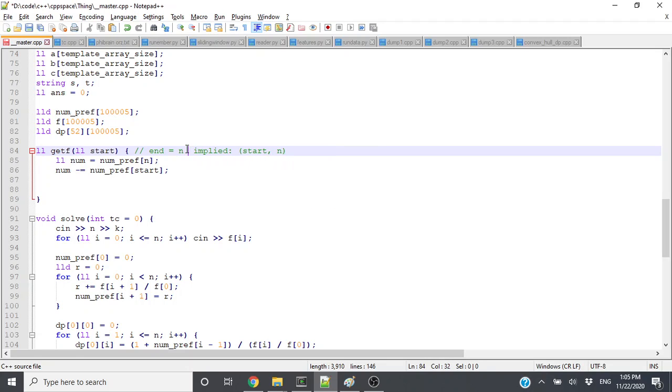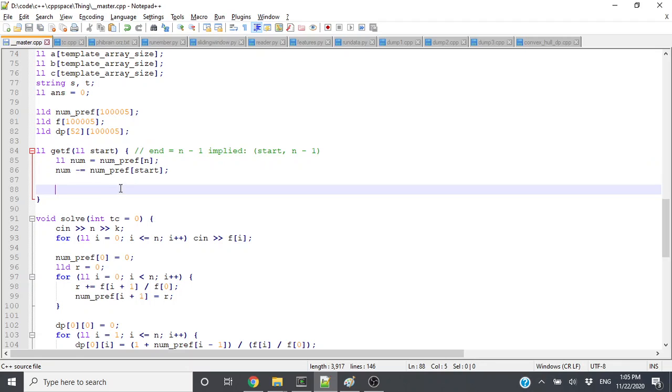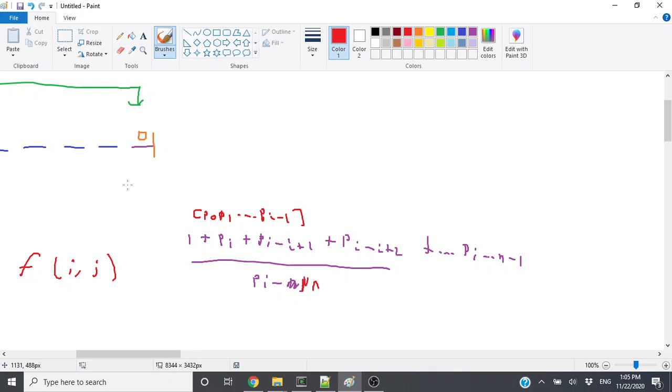This would be n minus 1, which would be exactly what we want, and then we subtract out start. So if start is 0, for example, then we include everything. If start is 1, we don't, etc. So that's the numerator.